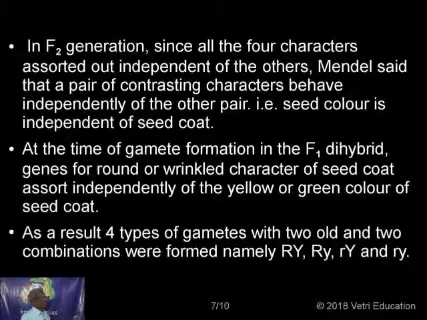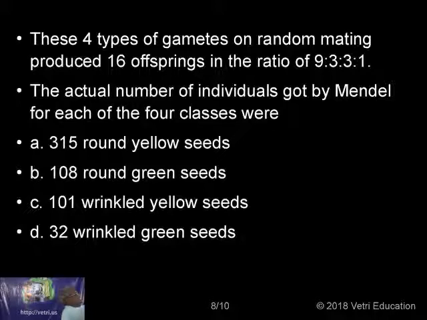At the time of gamete formation in the F1 dihybrid, genes for the round or wrinkled character of the seed coat assort independently of the yellow or green color of the seed. As a result, 4 types of gametes with 2 old and 2 new combinations were formed, namely capital R capital Y, capital R small y, small r capital Y, and small r small y. Are you able to understand that concept?